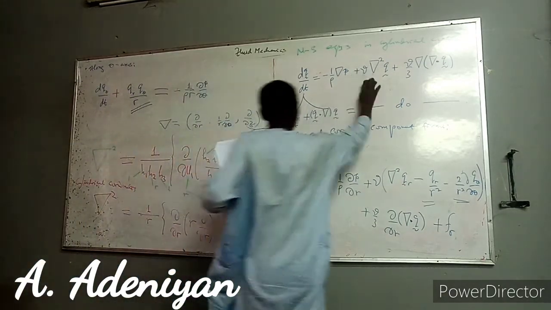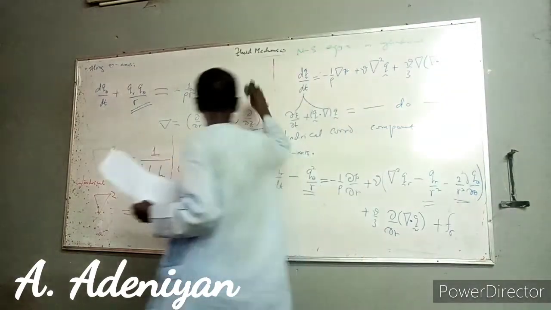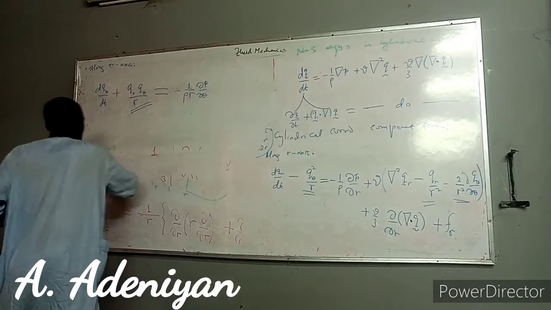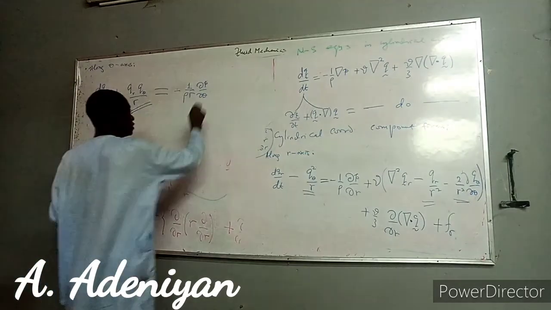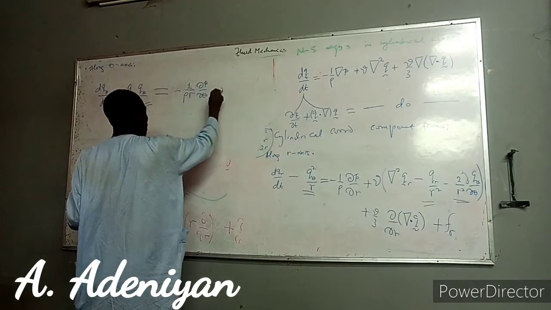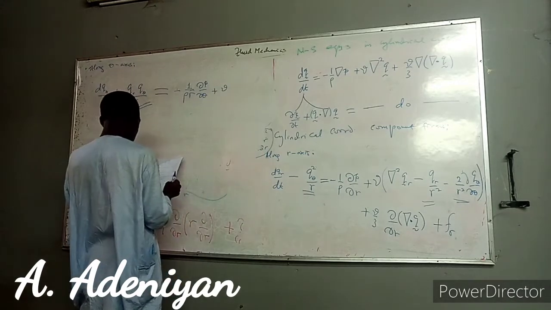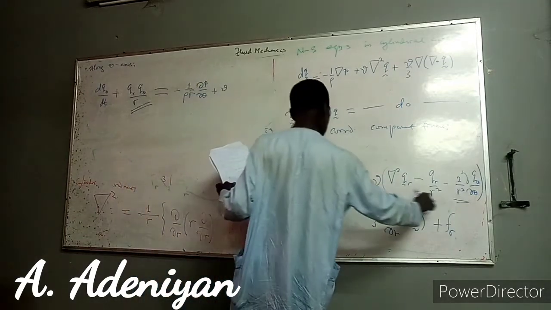Now we are here. At the second stage, we want to substitute for that. So again, that is plus nu, that is that. The del squared operator is similar to this. It's similar but in another form.